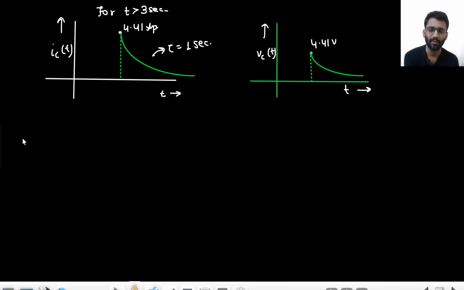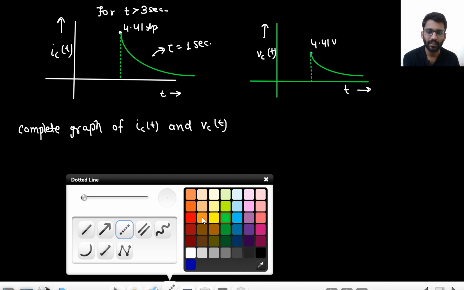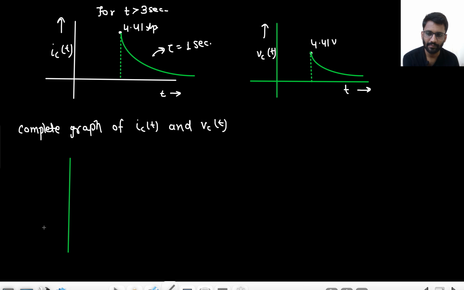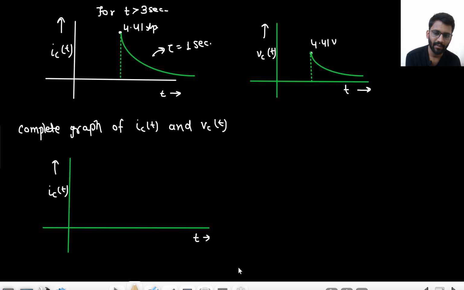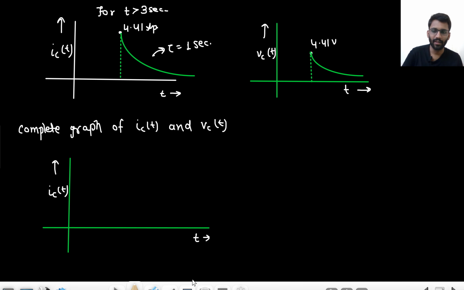So now we can make the complete graph of i_C(t) and v_C(t). In case of i_C(t), initially we are starting from 4 ampere, and then it goes down to 1.41 ampere.